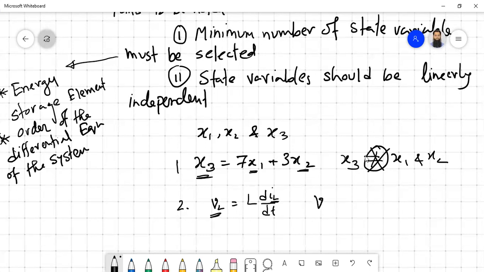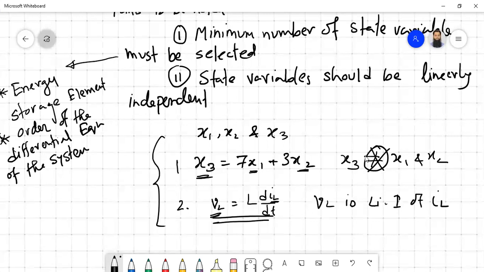So you can say that VL is linearly independent of IL. Bottom line, while selecting the state variables, those energy storage elements or derivative terms will come into account for your state variable selection.